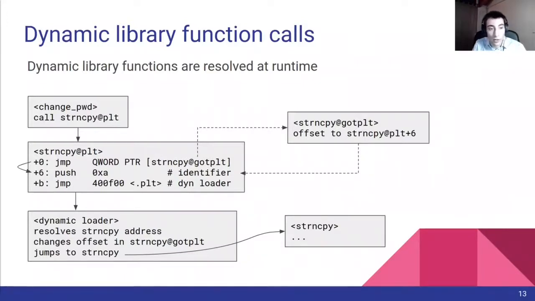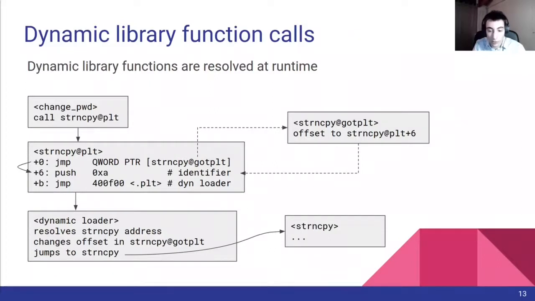So we'll find an entry in it that does the following. The first instruction reads an offset inside the global offset table. Now this offset at the start of the program usually points to the instruction right next to the first instruction in the procedure linkage table entry. What this second instruction does is it pushes an identifier on the stack and then it jumps into the dynamic loader.